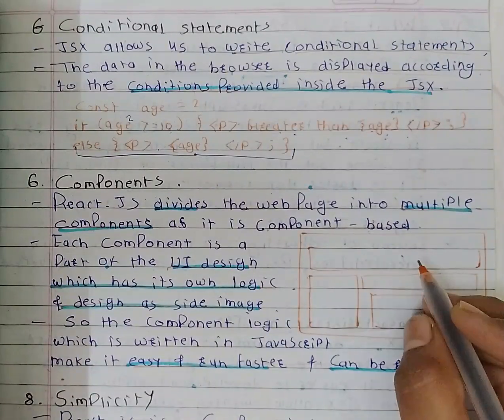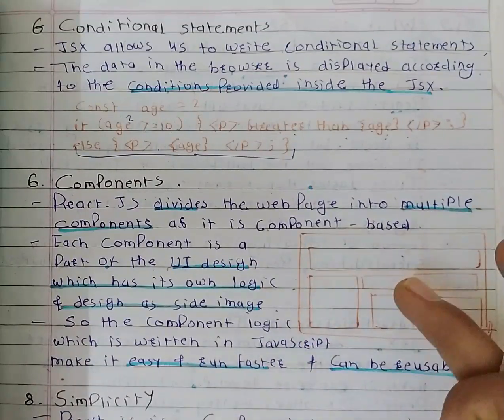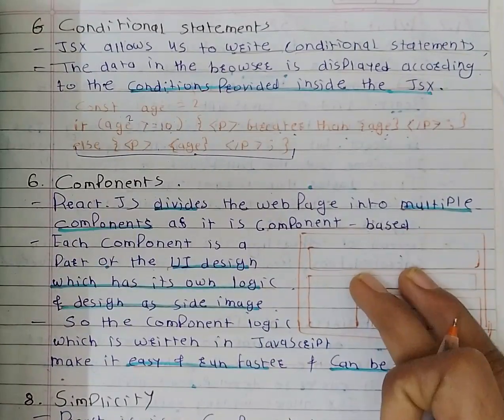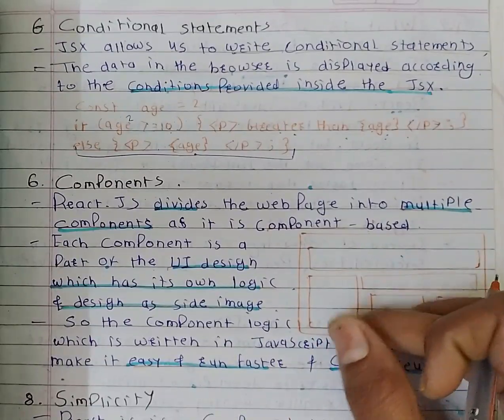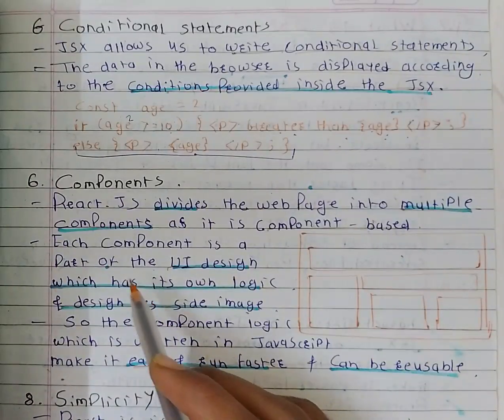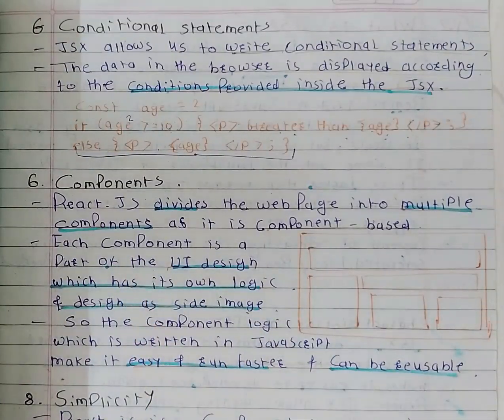If you are fetching a product, it will simply create one component for the product, and it will reuse that component again and again, which makes it more reusable. That's the reason React is getting more popular day by day.